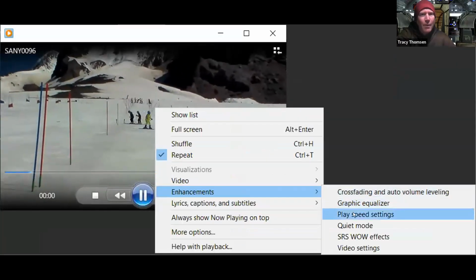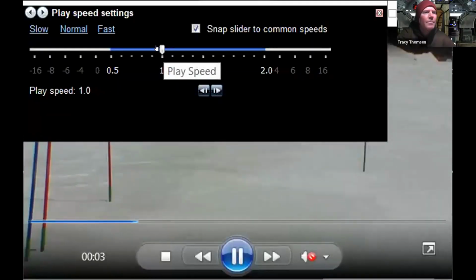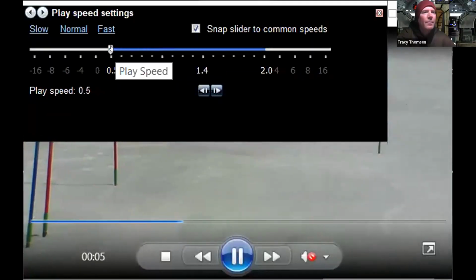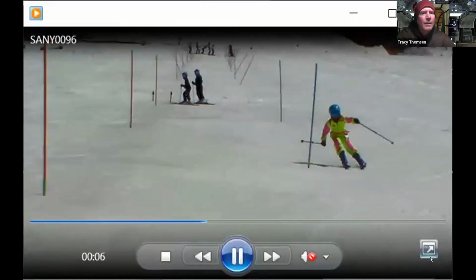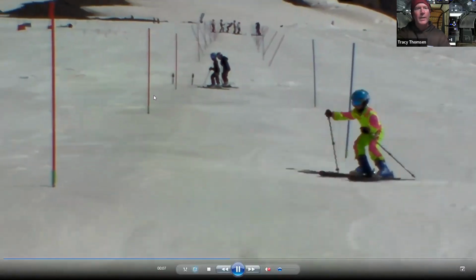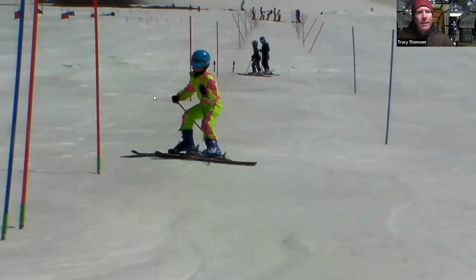There we go. Looking for that one. Are you able to see the screen okay? Nice and decently sized?